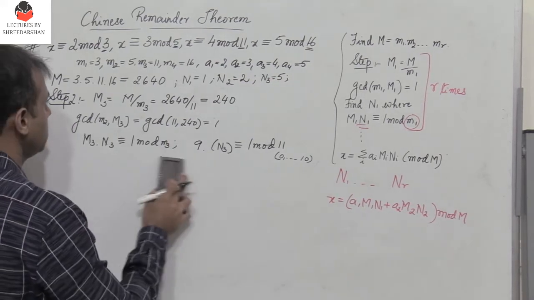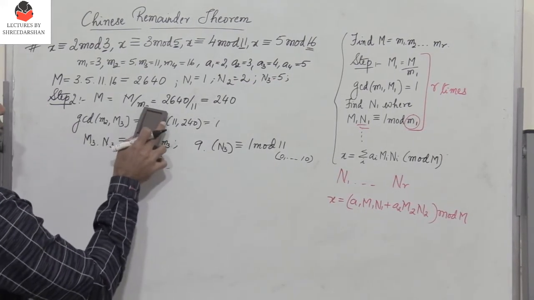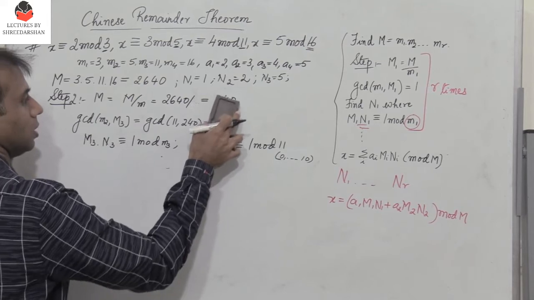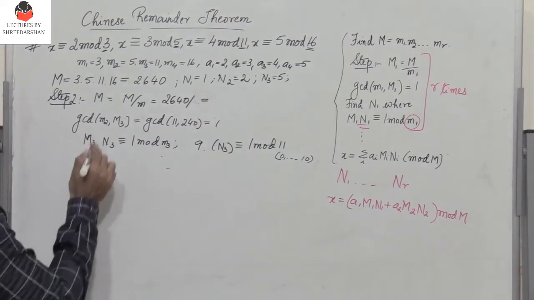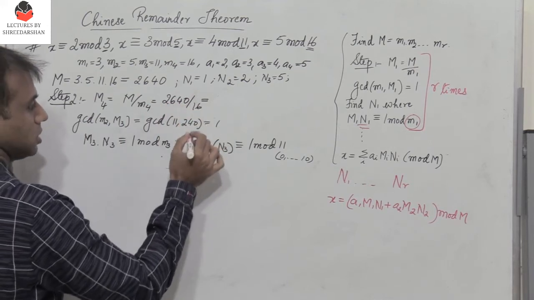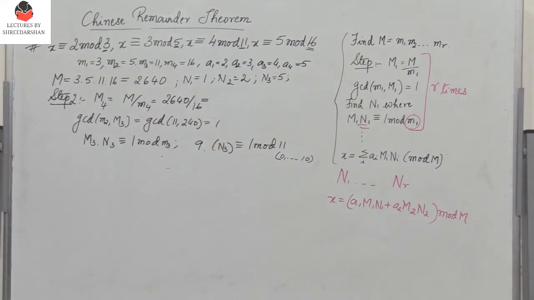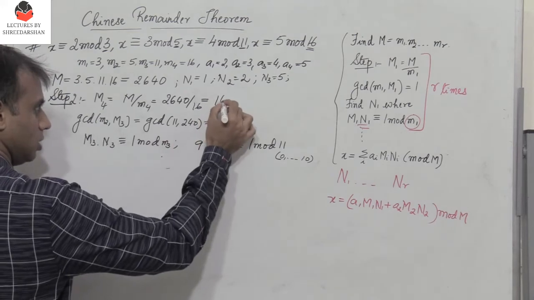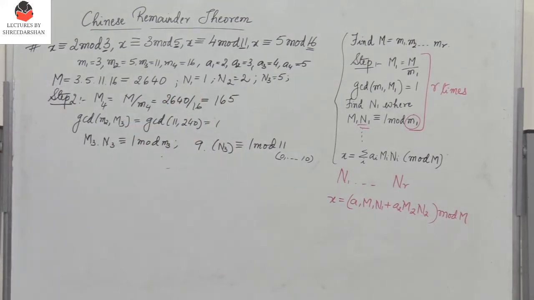The last step is where we find the value of m4. Again very simple. m4 is m by m4, 2640 divided by 16, which gives a value of 165.